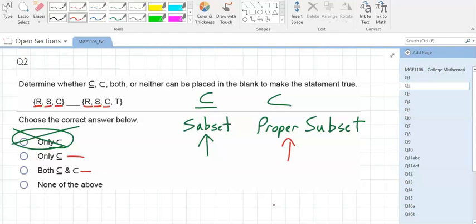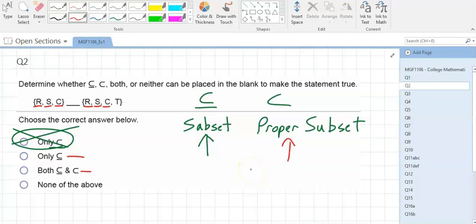And no, they're not. Because to be equal, that means you have to have the same number of elements and they have to be the same elements. So the cardinality is the same and the elements themselves are the exact same. And since RSC is not equal to RSCT, then that means we know that we are also a proper subset.